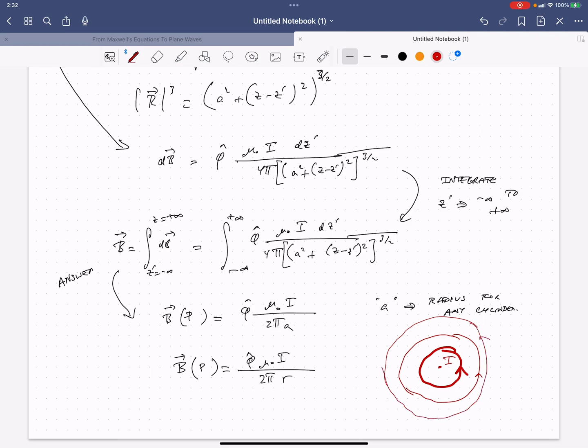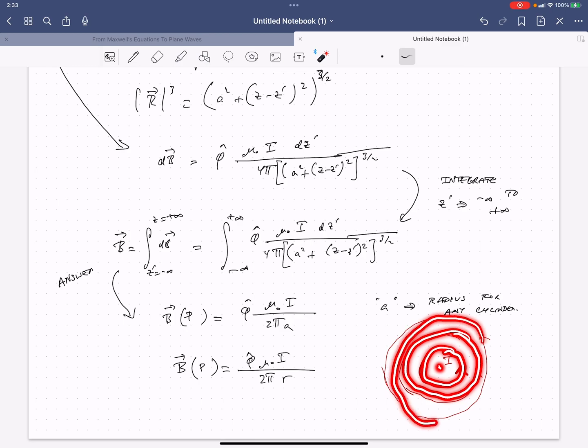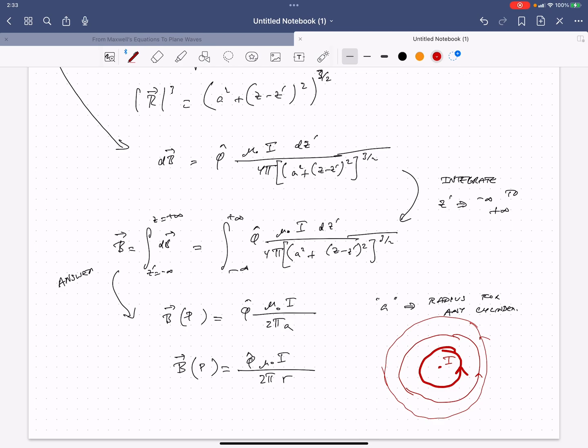So what this equation tells you is the magnetic flux around a wire carrying a current I. Again, the current is coming out of the screen, the direction of the magnetic flux is going around that wire, and as you get further and further away from the wire, the strength of that magnetic flux goes down. So that ends up being the answer and what it would look like.